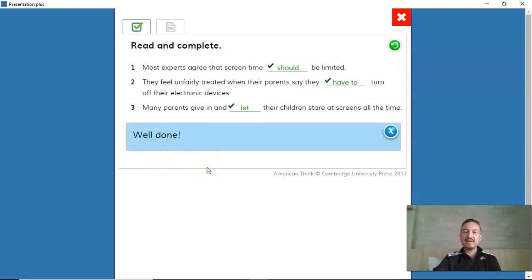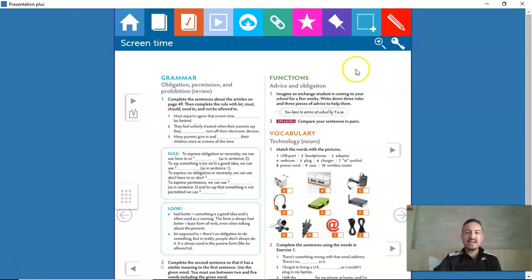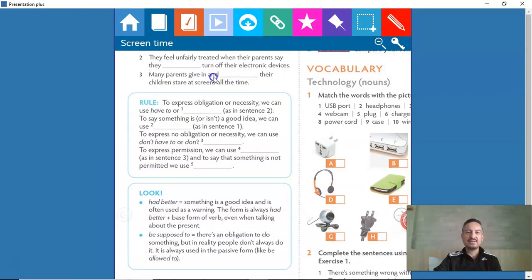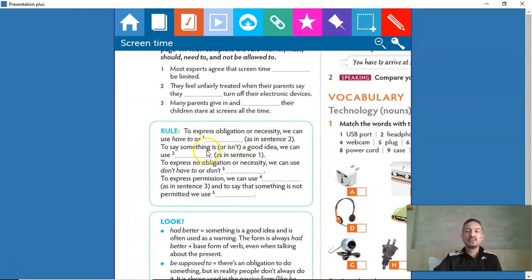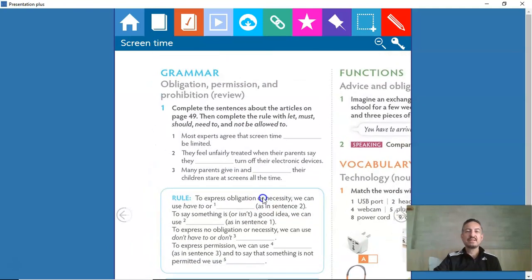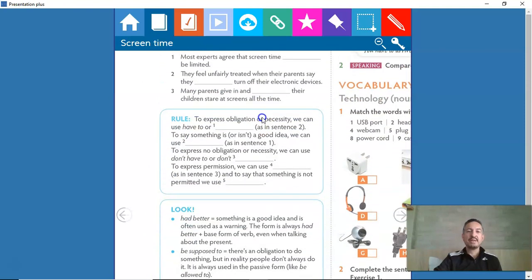Okay, now that you have analyzed those sentences, let's see what they mean. You can see here there is a rule for us to complete according to these words, the words of obligation, permission, and prohibition.